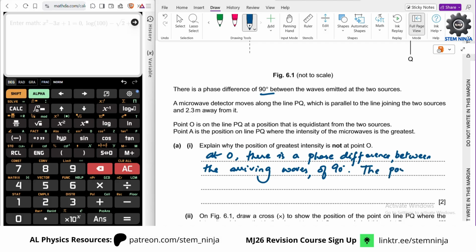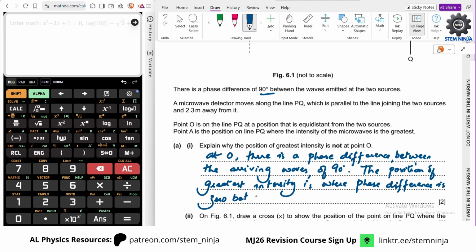The position of greatest intensity is where the phase difference is 0 between the waves of the two sources. Okay, then that would be A.